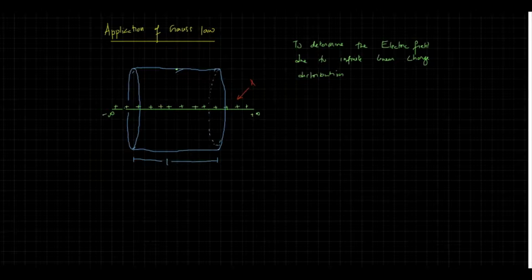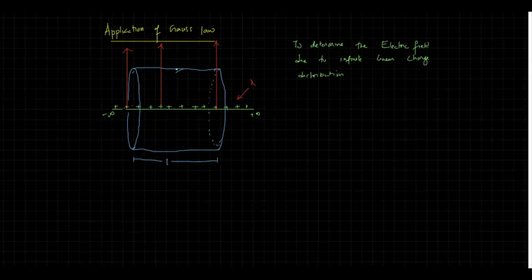Imagine this is the direction of the electric field lines, which is coming out directly like this. And in this case also, the electric field lines are going out this way. Here also the electric field lines are going out like this. Now the area vectors of these three surfaces, how are they?